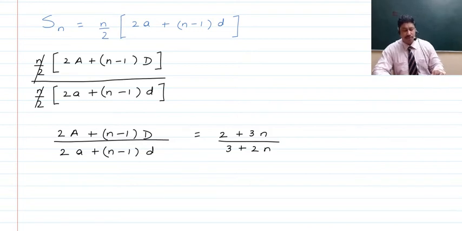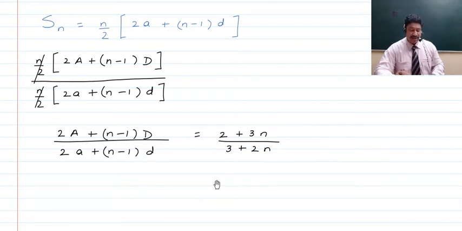That means when we talk about these two series, the ratio of the sum of n terms can be found out by keeping the value of n to be the number of terms that we are going to talk about. Like suppose the number of terms is 14, then that's going to become equal to 2 plus 3 times 14 upon 3 plus 2 times 14, and then obviously this will get calculated to a fraction, and that will then be the ratio of the sums of the n terms of both of these series.